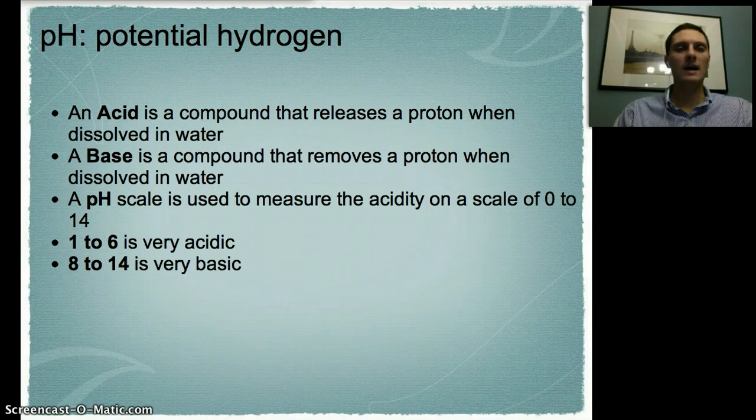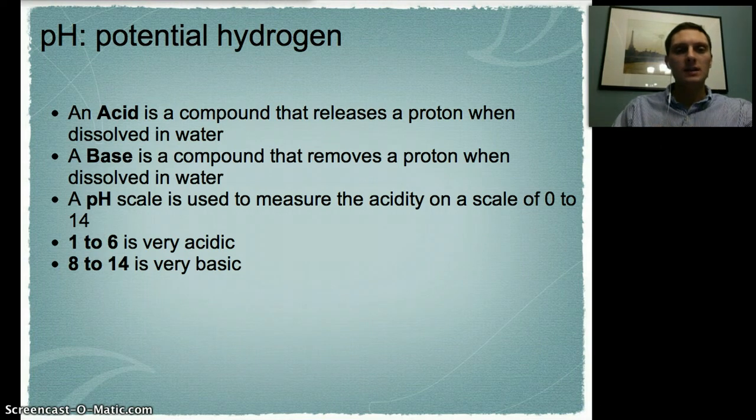That would be like if you add this compound to water, it's going to release hydrogens. A base is a compound that removes a proton when dissolved in water, so it's going to take in hydrogens. And we can use something called a pH scale to measure the acidity and the basic levels of different substances. And this is on a scale of 0 to 14.